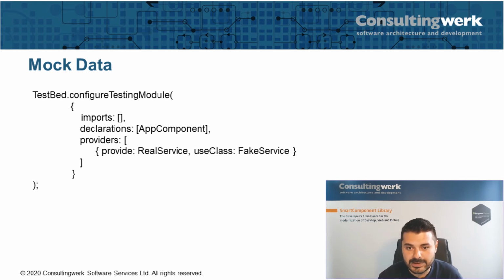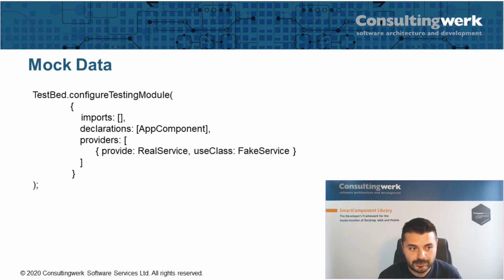Now what this does is essentially make the Angular environment so that if in your component you are injecting the real service class into your constructor via the dependency injection system, you will actually be receiving an instance of the fake service.